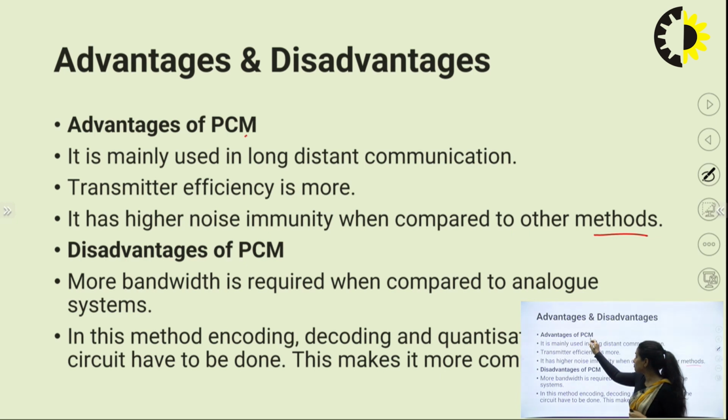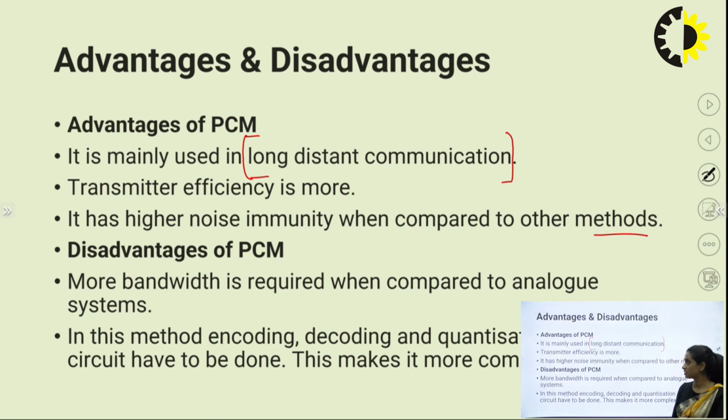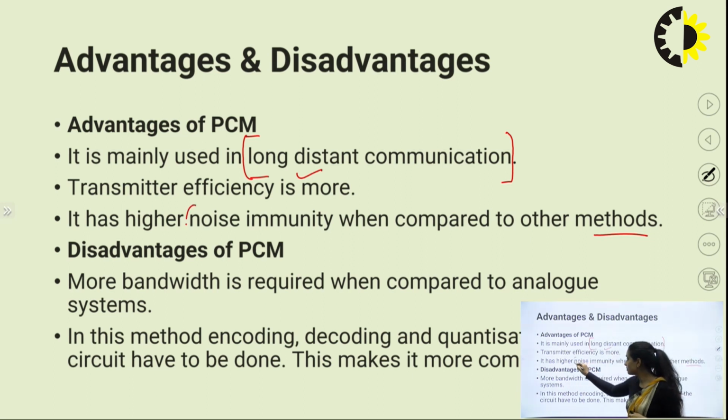So when we have to do long distance communication, we use pulse code modulation. It has good efficiency, and noise immunity is better, as we are sending the message in the form of coded pulses.